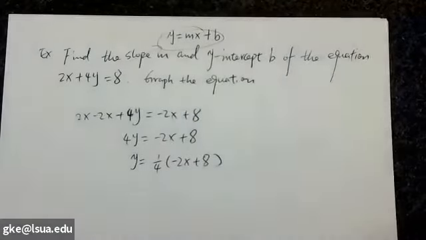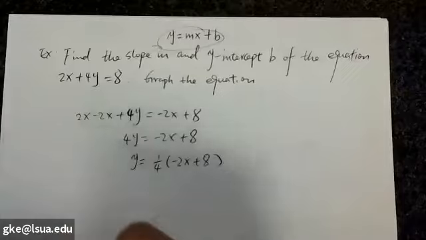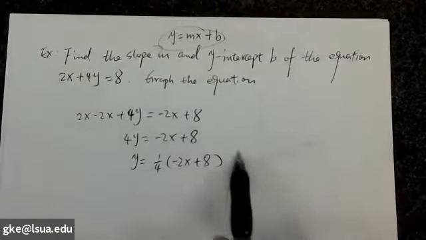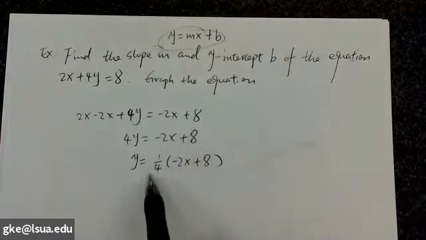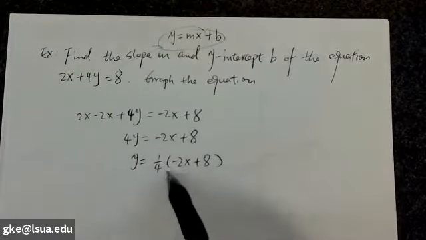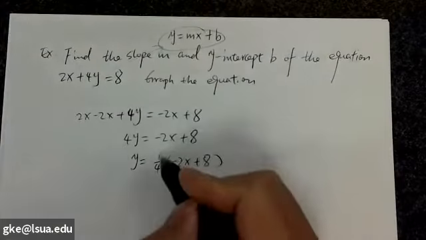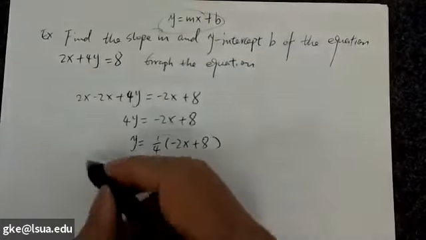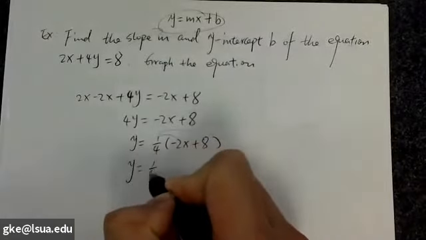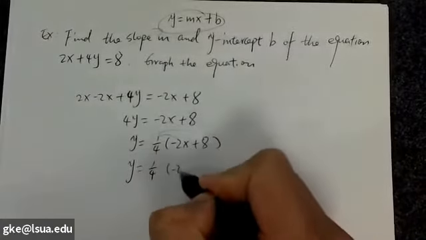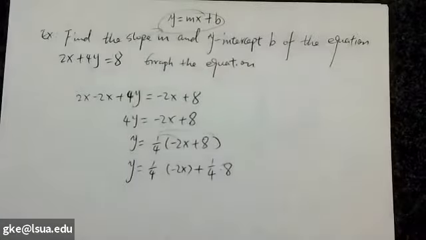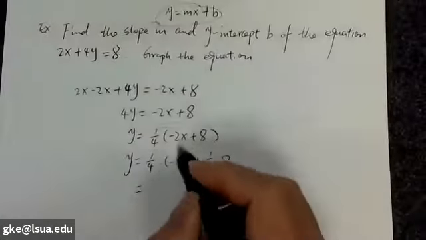And be careful: the whole right side should be divided by 4, so you use parentheses. Distribution: we have 1/4 times -2x plus 1/4 times 8.